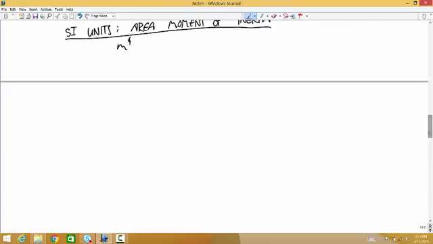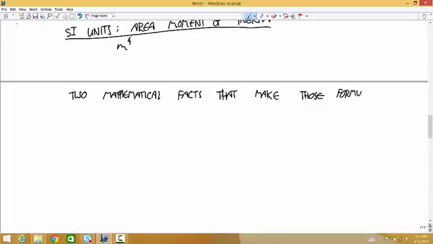Okay, so I've only given you two shapes for area moments of inertia. There are two mathematical facts that are going to make those formulas above more useful.